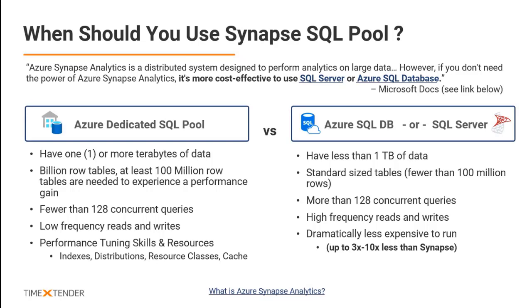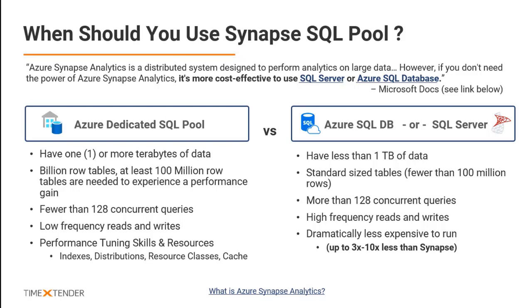So if you have less than a terabyte, if you have fewer than multi-100 million row tables, you really should consider staying on Azure SQL Database. If you're seeing very significant performance degradation because your data is starting to grow, well, then definitely talk to your partner, talk to your solution specialist, and let's consider if Azure Synapse, or a dedicated SQL pool, is going to be right for you.